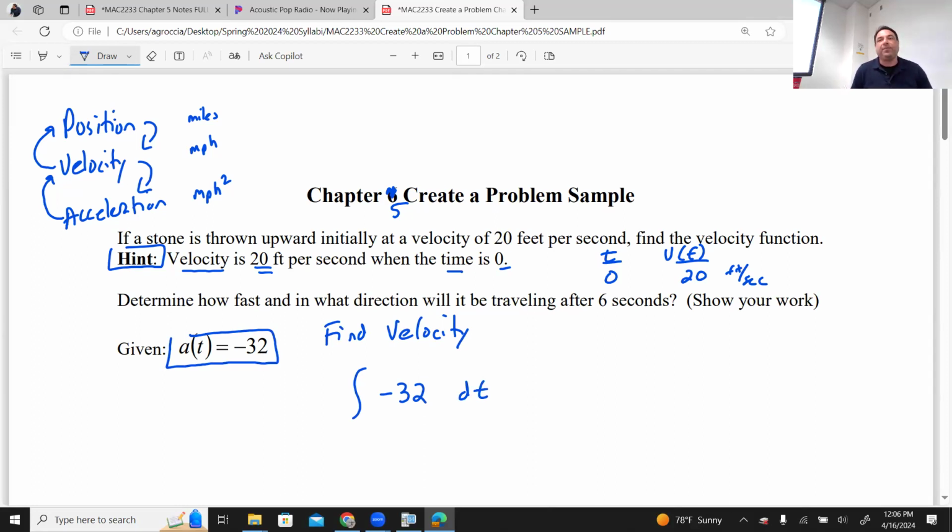T stands for time. And I'll give you a hint. When you take the integral, be careful, it's a basic one, but sometimes it trips people up. You're going to end up with a plus c. You've got to figure out what the plus c is, but conveniently, I gave you some information to find c. Bottom line, when you're done, you should have the complete velocity function, including what c is. Give it a try.